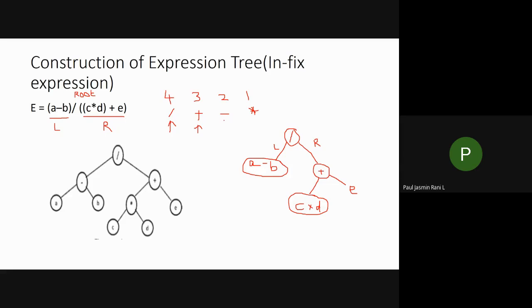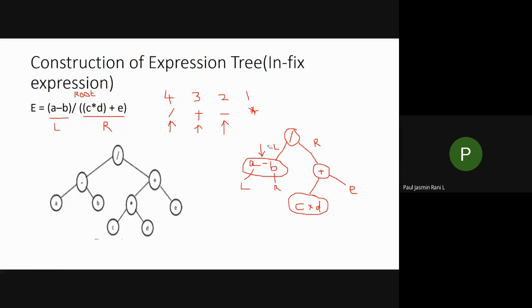Next you have to go to your minus. So here you have the minus expression, isn't it? Now you have to categorize your left and right child. B will be your right child and A will be your left child, isn't it? And minus should be taken as a parent node or your root node.